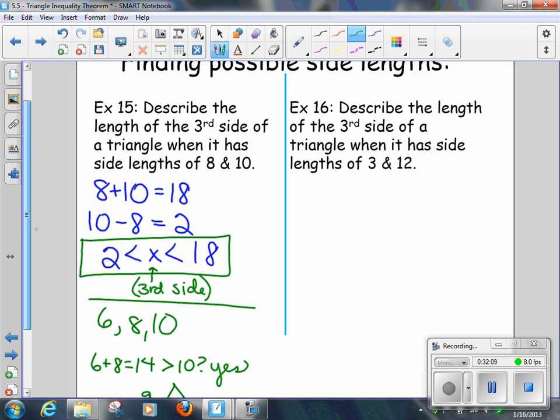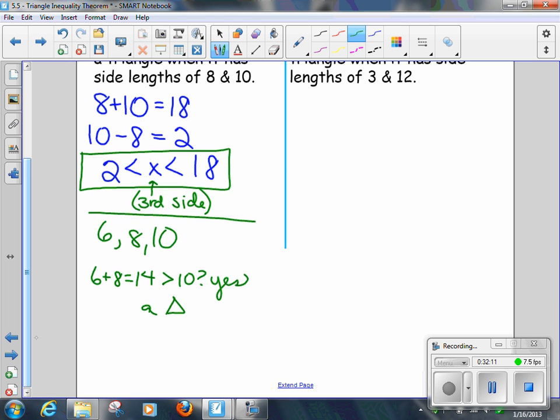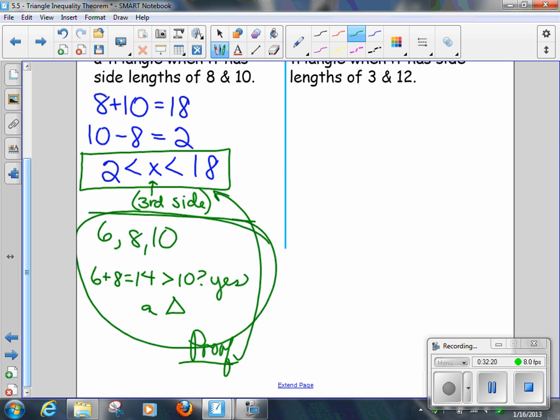Let me show you why. I did this stuff down here to prove to you that any number between 2 and 18 will work. You don't have to do this part. In essence, it's a proof.